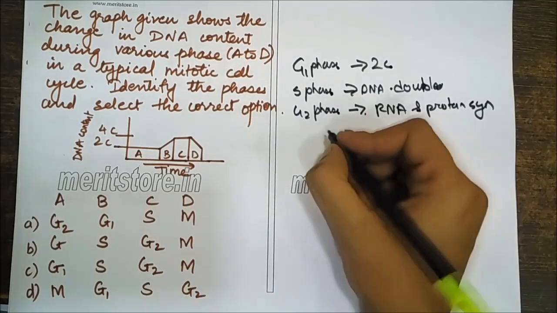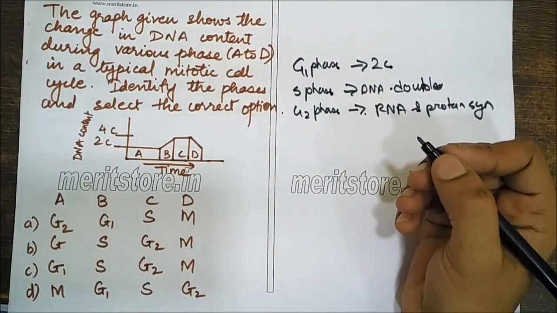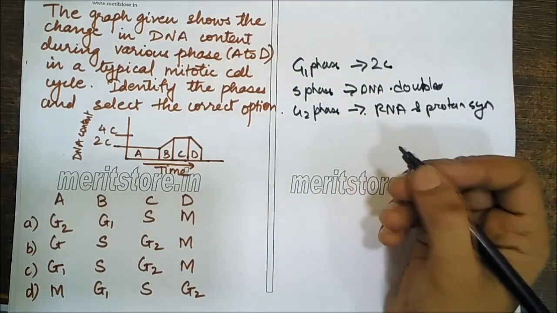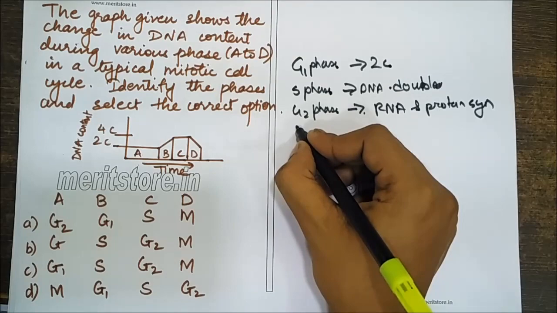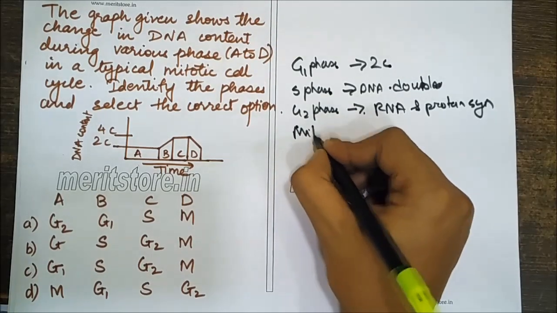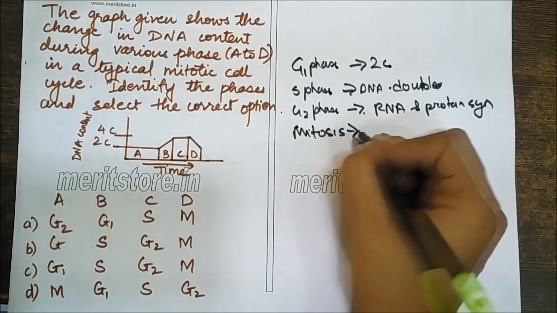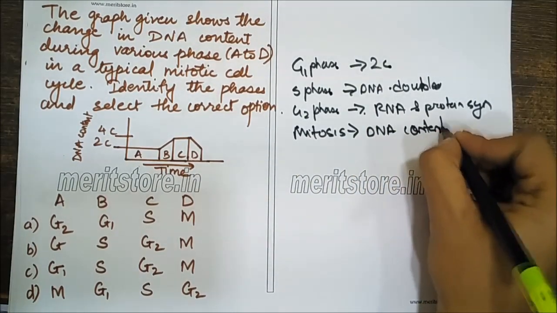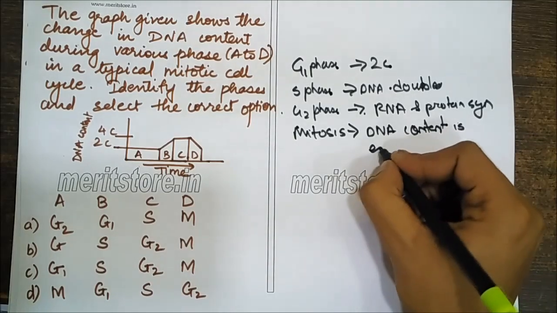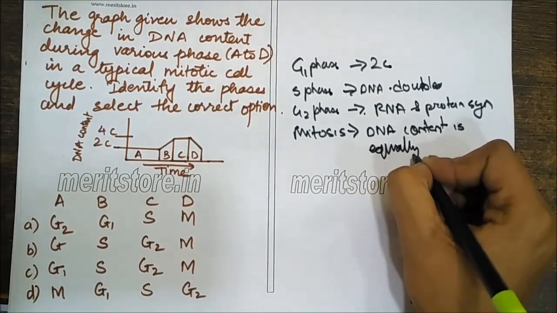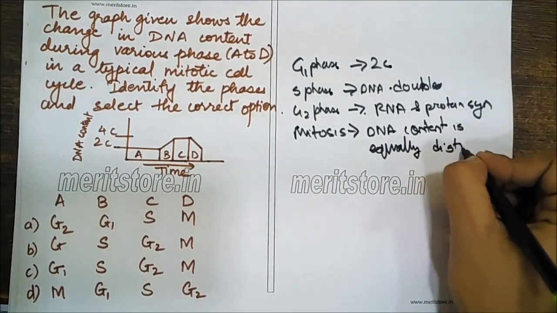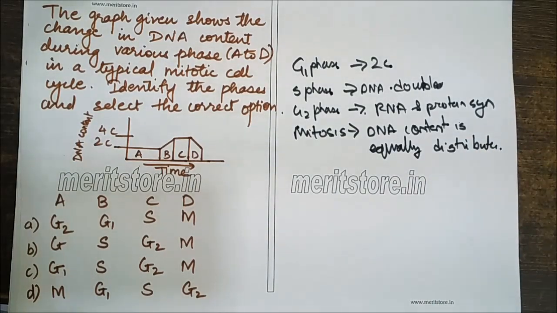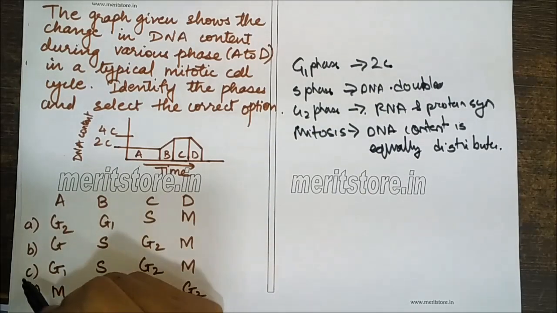Okay, and during mitosis, the DNA content gets equally distributed. Okay, so your correct option is C.